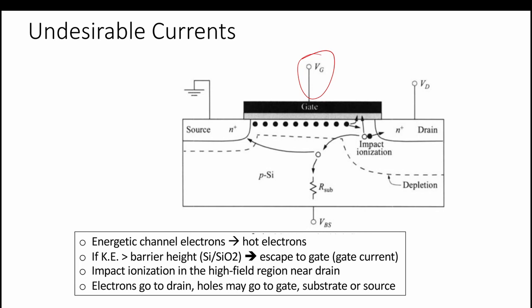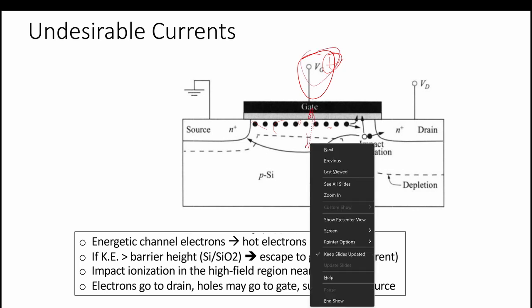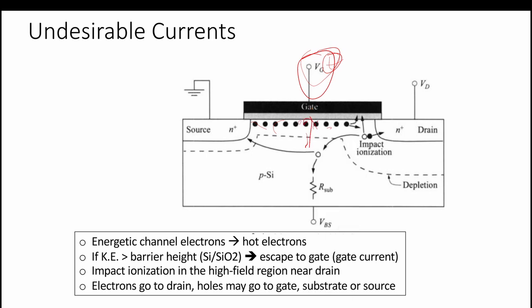Another problem is, this is not a short channel effect, but it is common for all devices. What is happening if we are applying a gate voltage at this point, and there are electrons here? If the field is too high, the electrons will go and impact the oxide layer.